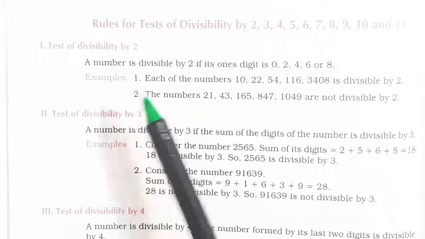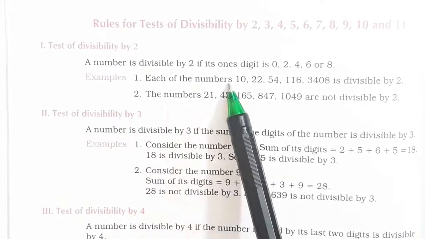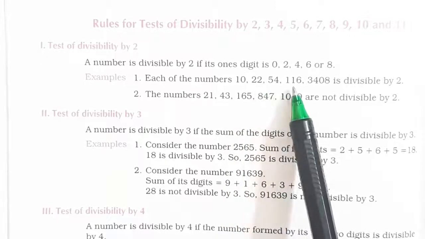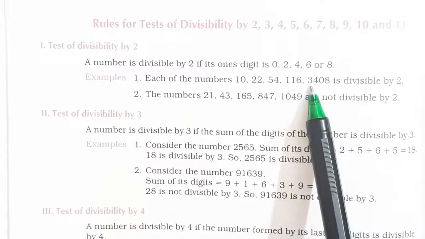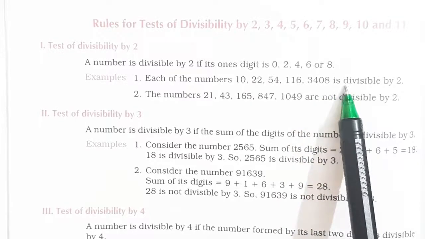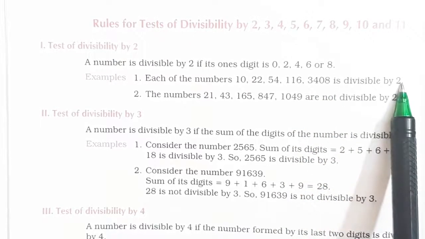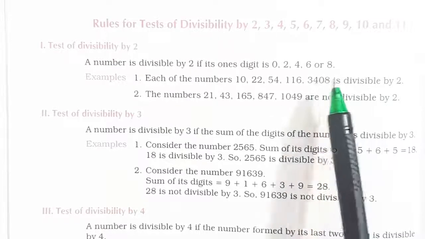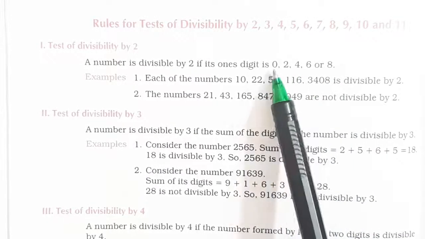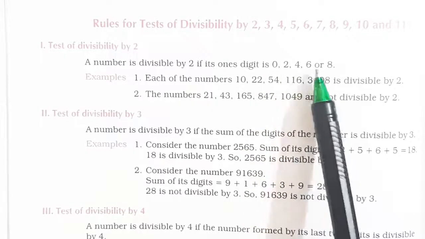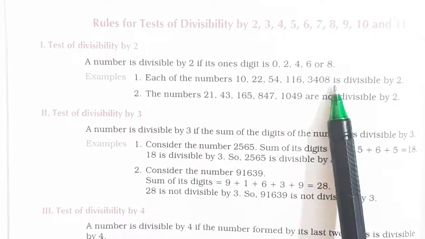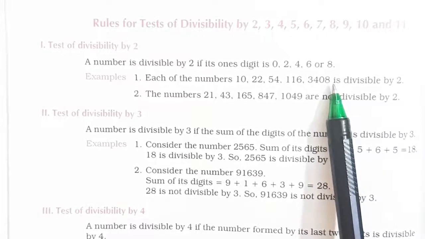For example, each of the numbers 10, 22, 54, 116, 3408 is divisible by 2. Why, children? Because the digit at the ones place is either 0, 2, 4, 6 or 8. So all these numbers are divisible by 2.